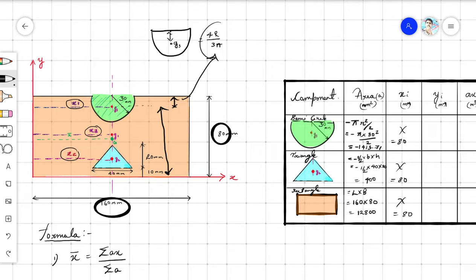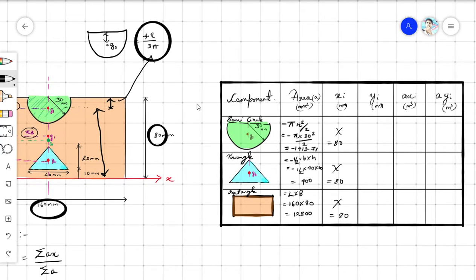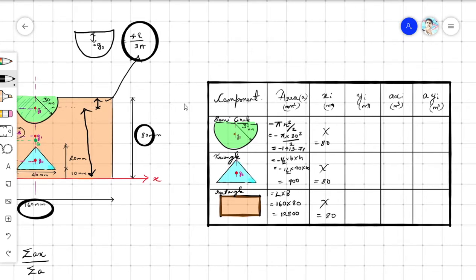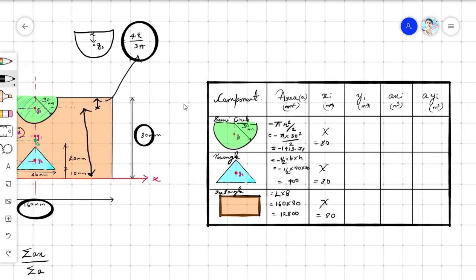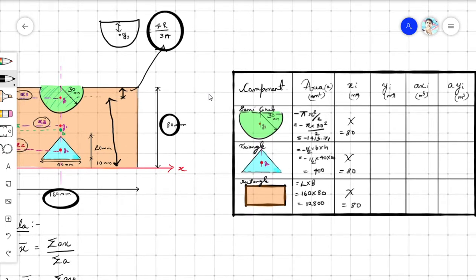So what we do over here is, for the first semicircle, if this is 4r by 3 pi, this distance will become 80 minus 4r by 3 pi, right?